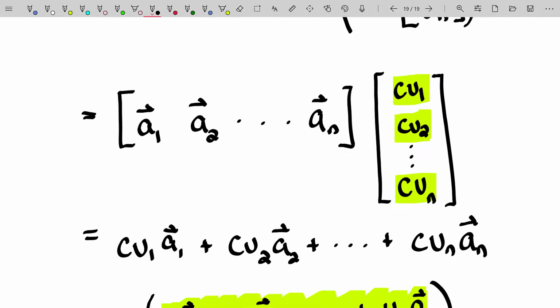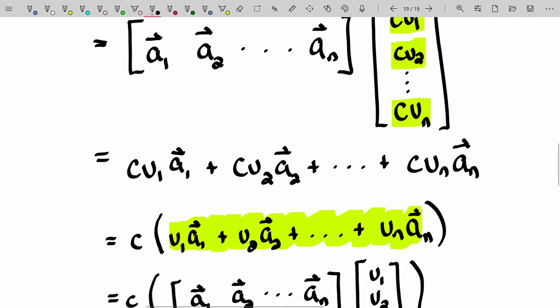A matrix times a vector is just a linear combination of the columns of the matrix with the weights of those vectors being the entries within the vector u, or in this case, cu. And finally, we have a theorem, which is associated with the arithmetic properties of vectors, which just tells us that you can factor out common factors off of a sum of vectors. So the common scalar factors, I should say.